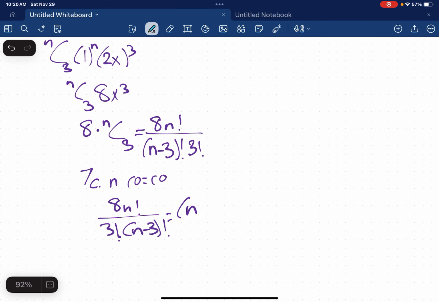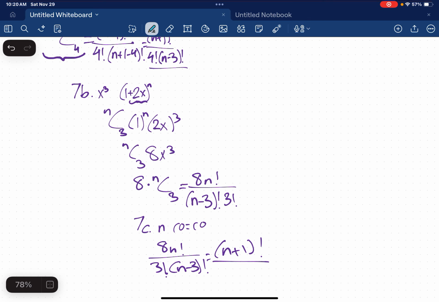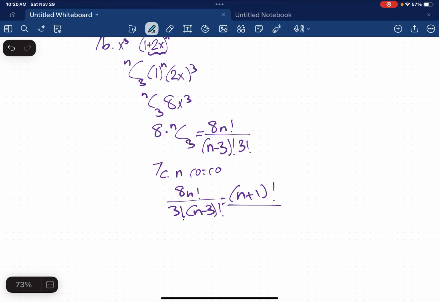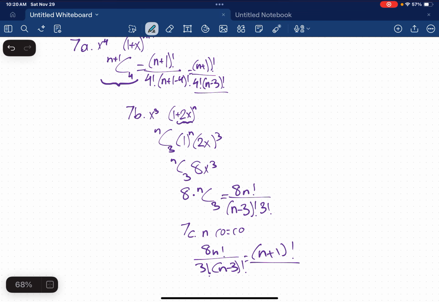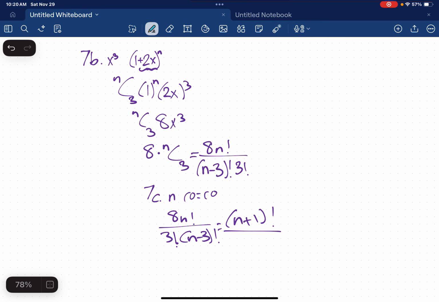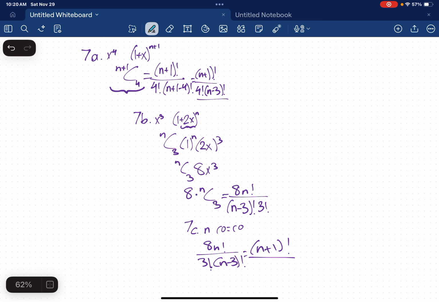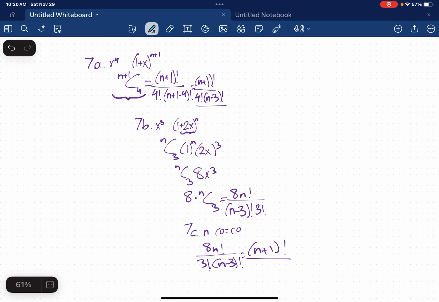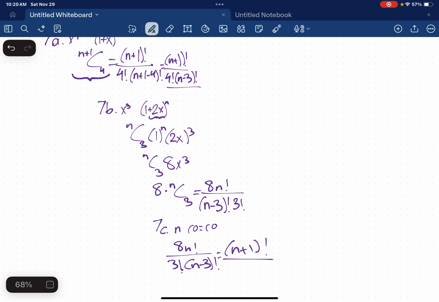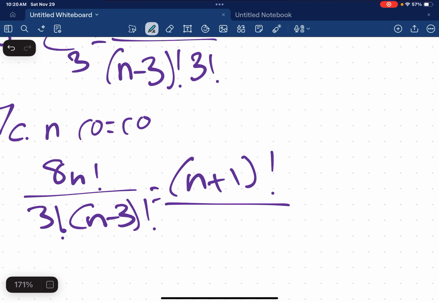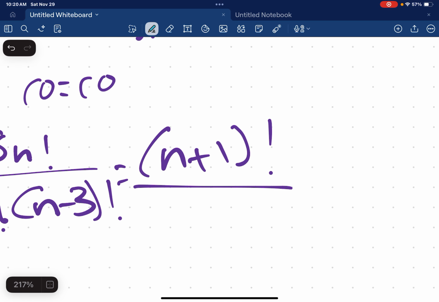Okay. n plus 1 factorial divided by our thing for A. Minus 3 factorial.